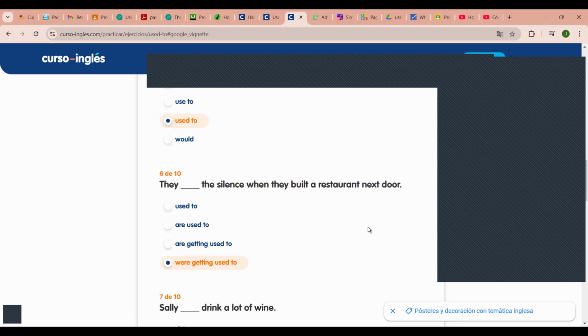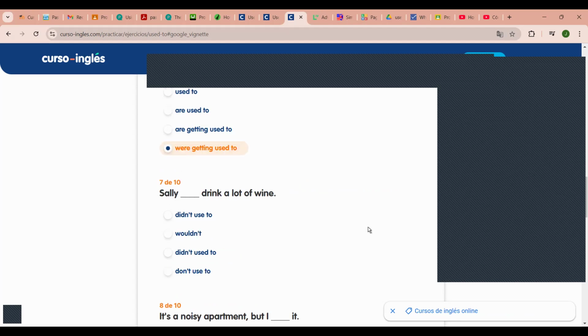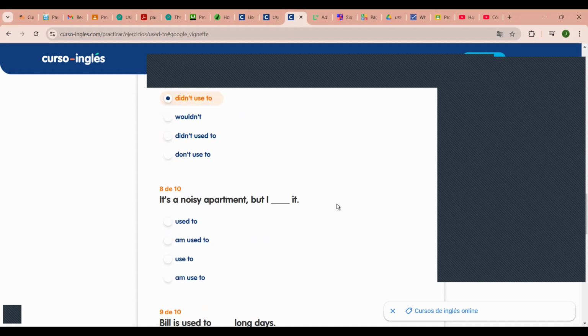And Dana, number 7. Yeah. Sally didn't used to drink a lot of wine. Yes. Wasn't her habit. Now it's her habit, but in the past, wasn't her habit.